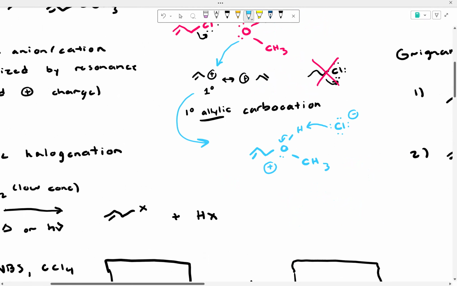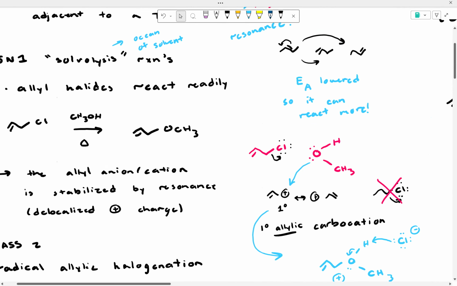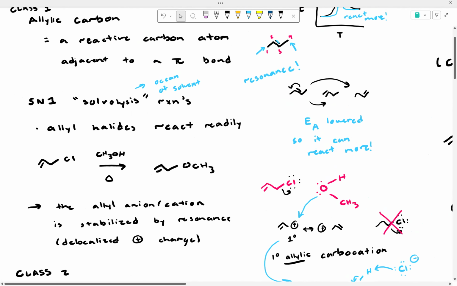When we do this interaction, we get this and HCl. Both of these molecules are neutral, so they're both happy now. And this is a more stable arrangement than having a negative charge on chloride and a positive charge on our oxygen. So that's what's happening in our solvolysis reactions.